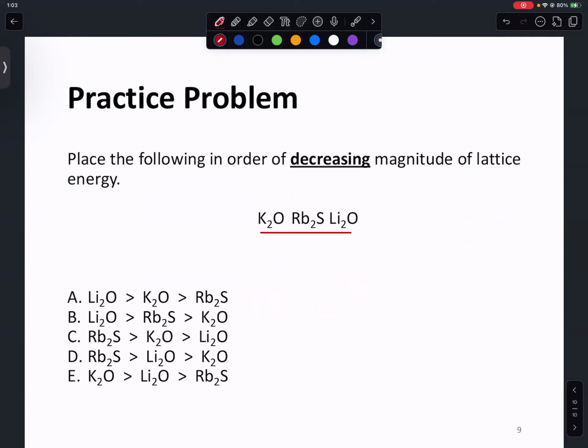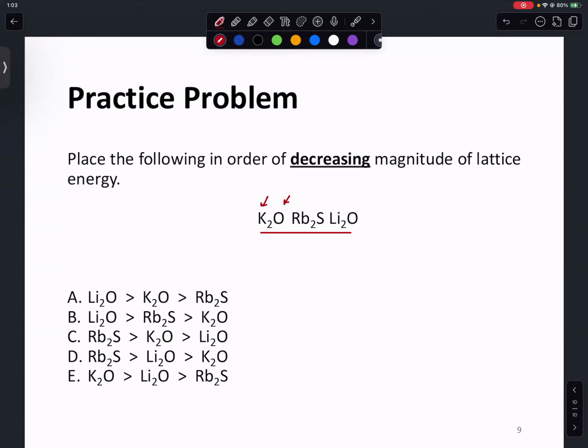Is it a molecule, meaning only nonmetals, or is it a formula unit, meaning an ionic compound consisting of a metal and a nonmetal, as in the ionic compounds given? Then, if you are looking at a magnitude, it means lattice energy, because sometimes on assignments or on the exam, we don't say it explicitly, so you have to be careful.